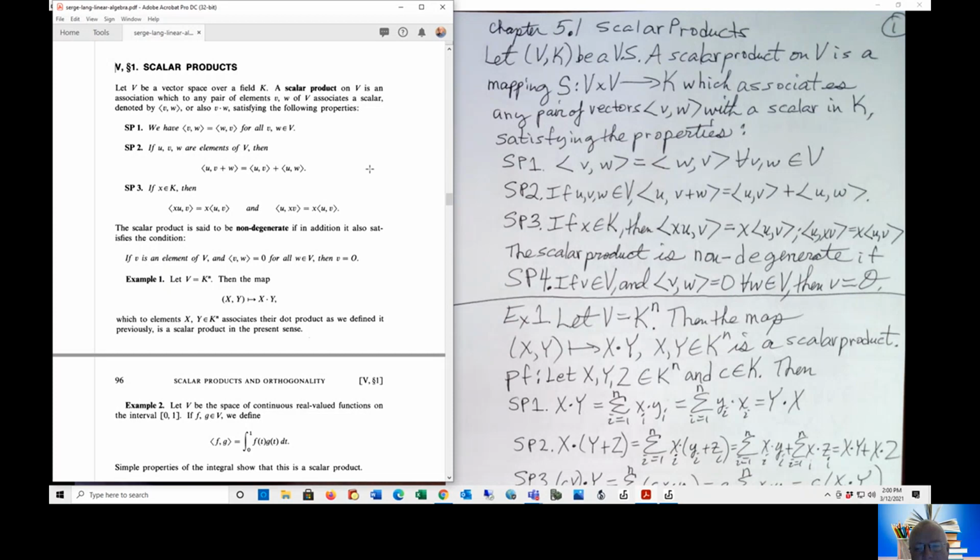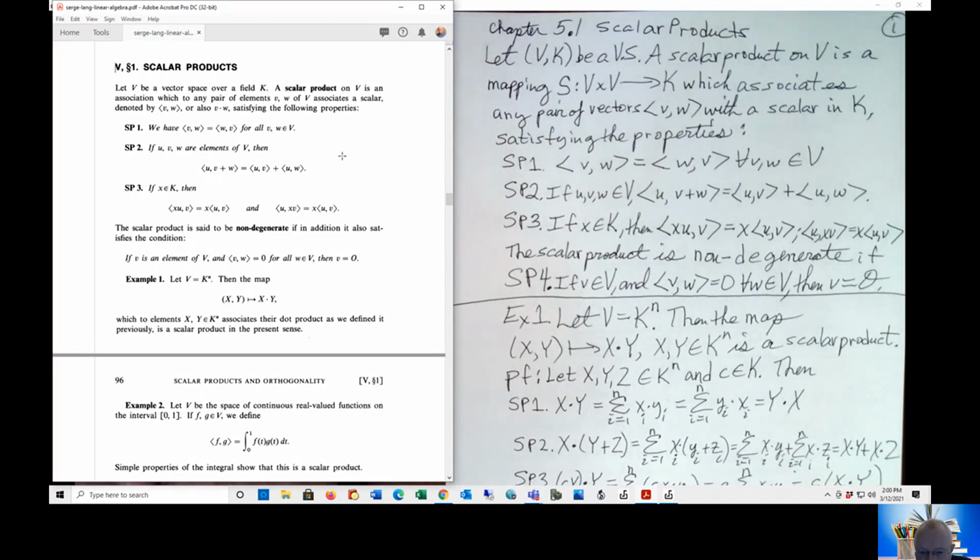All right, example 1, suppose V equals Kn, our most comfortable space to look in. Then the usual dot product on Kn is a scalar product in the following sense.